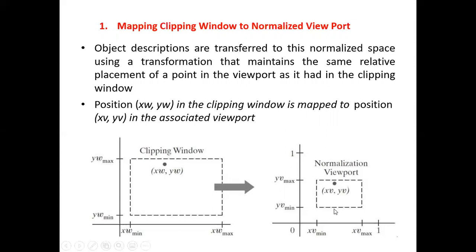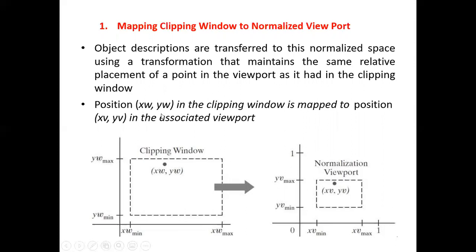If I take my viewport, in my viewport again I have xv min, xv max on the x-axis, and yv min, yv max. So yv min means the y-axis value on the viewport coordinate. This particular point, xw comma yw on my clipping window, is transformed to a relative position on the viewport so that it becomes xv comma yv.